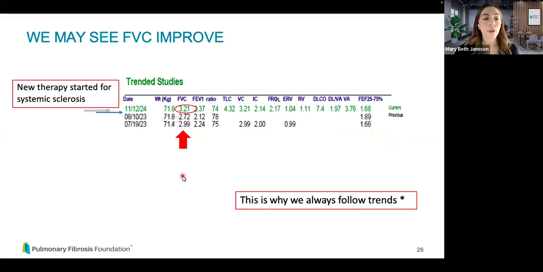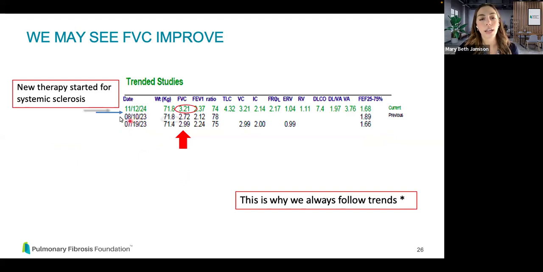So some examples, and then in some cases, we might even see the FVC improve. So we can use it to monitor progression, but we also use it to monitor medication effectiveness. So if we're looking at a trended study, which is this portion here, we have our date, and this would be like July of 2023.